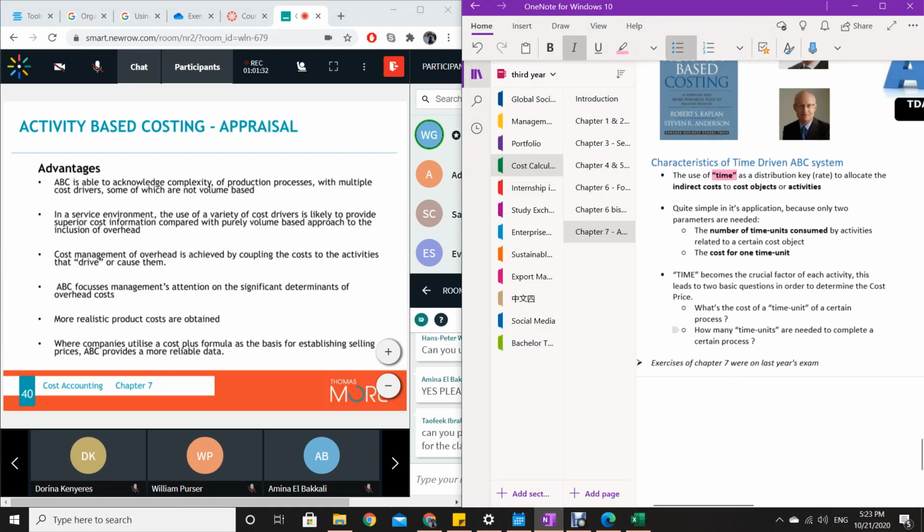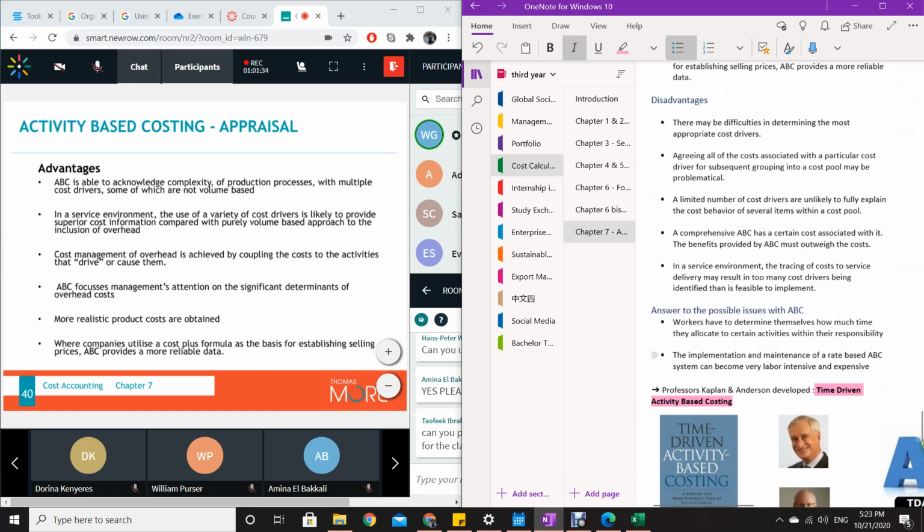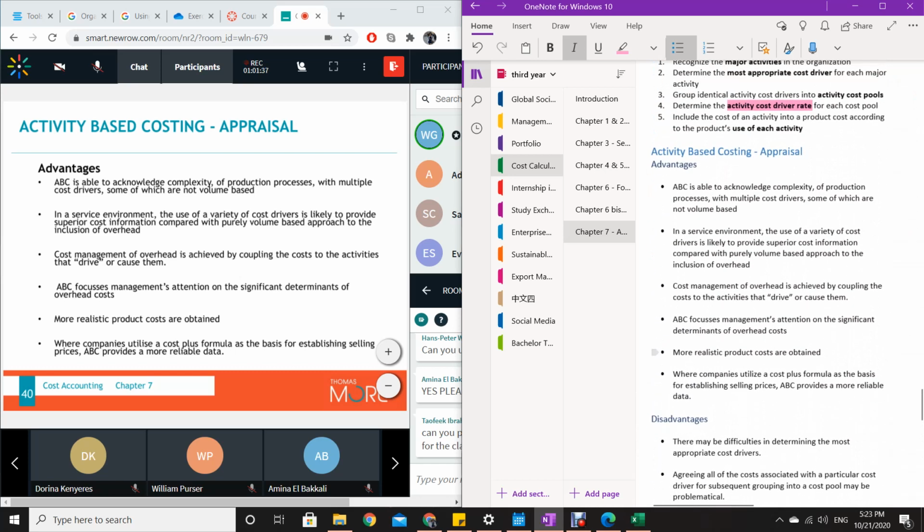So the appraisal: what's good, what can be better with activity-based costing. You have of course a number of advantages which we have mentioned already before. What is interesting is that in a more complex production with many different activities, this is absolutely interesting because you can allocate much more detailed cost to the right product that uses this cost.